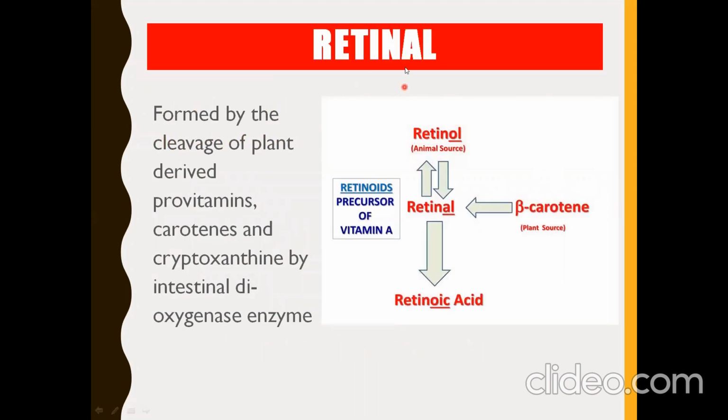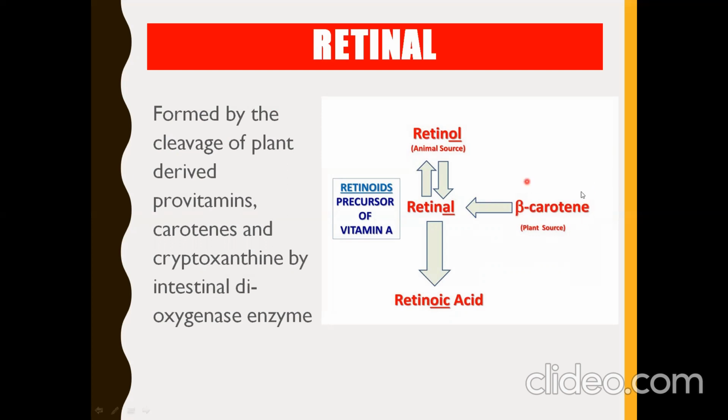So this is present in the plant sources as a provitamin, so it has to get activated in the intestine. There are many carotenoids present in the plant sources, of which beta carotene is considered to be the most important form.